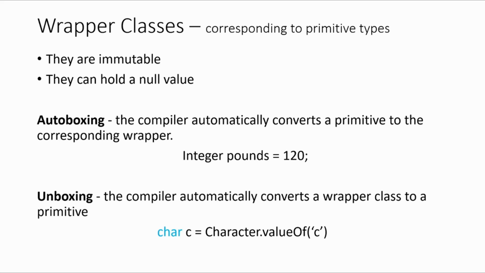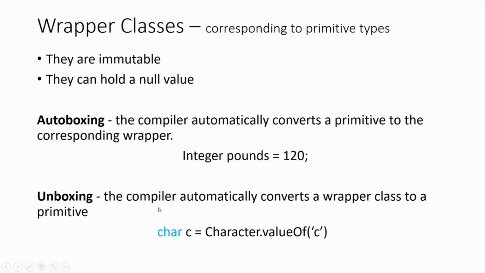Another beauty of wrapper classes is they are all compatible with autoboxing, which started in Java 5. The compiler automatically converts a primitive to the corresponding wrapper class. Like if you write the integral value 120 in a wrapper class Integer, it automatically converts into an Integer object.